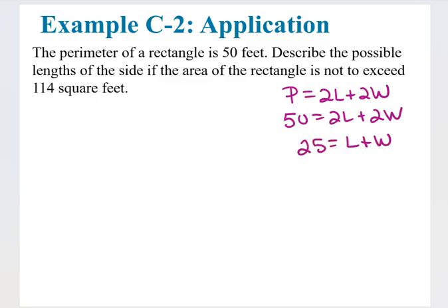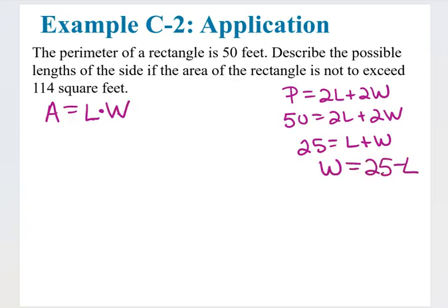All right, the second thing it's talking about is area. And I know that the area of any rectangle is length times width. Now, I don't want two variables, so I need to change either the L to being in terms of W or the W in terms of L. So over here with my equation, I'm going to say that W is equal to 25 minus L, right?